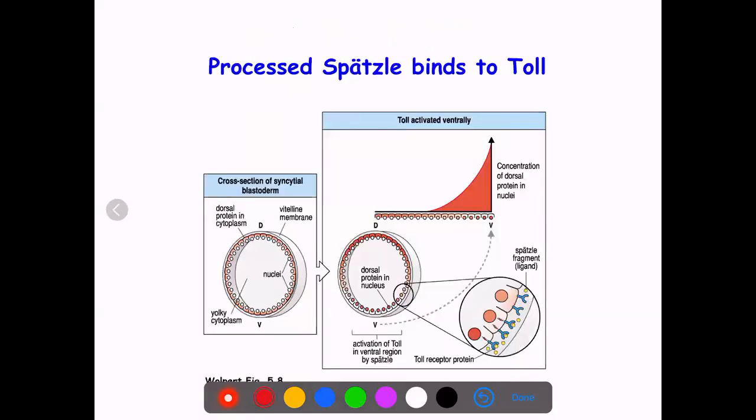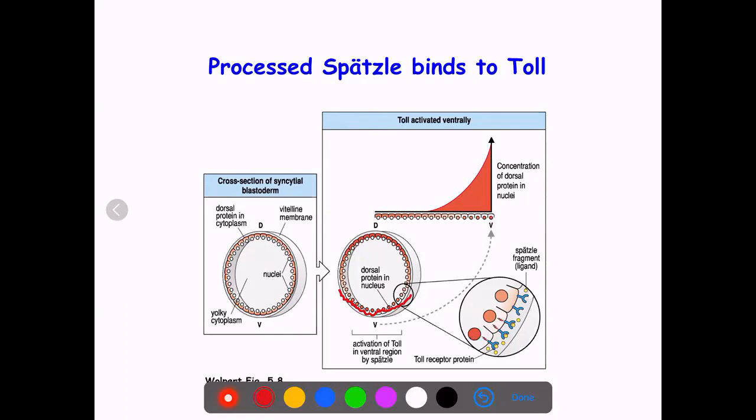Okay, so the processed Spätzle really binds to Toll. So they're going to be localized ventrally, right? They'll bind to the ventral cells, which have the Toll receptor. And as they go up, probably the Spätzle concentration is also pretty low, so that's why there is less signal. So you have a lesser amount of Dorsal protein going into the nucleus.